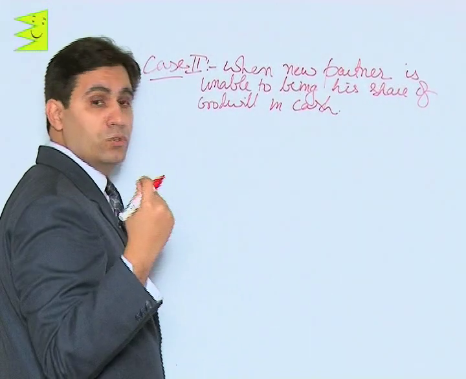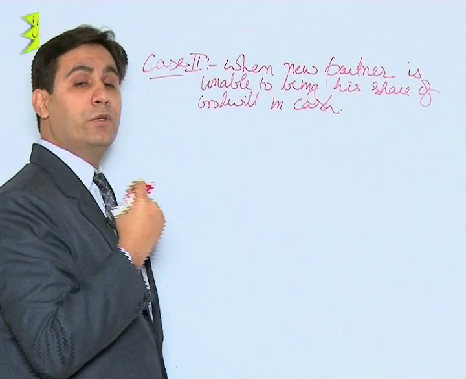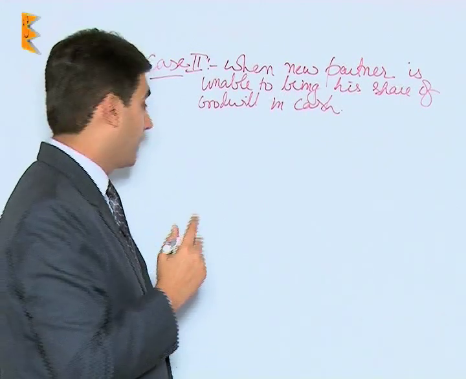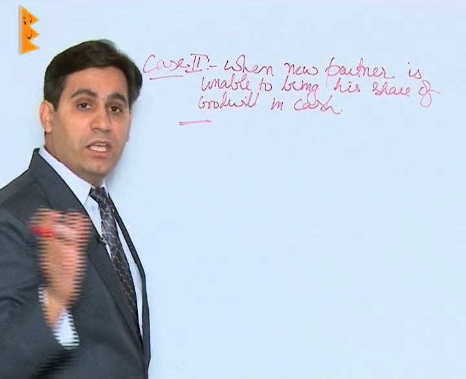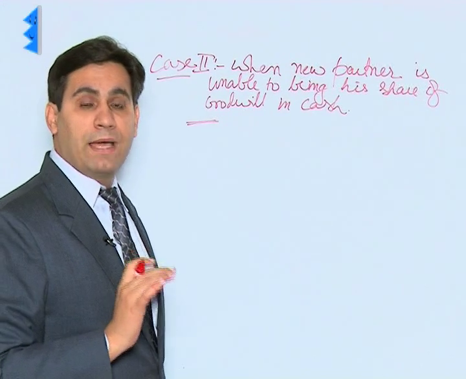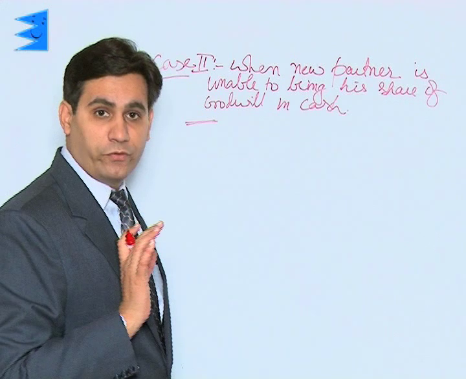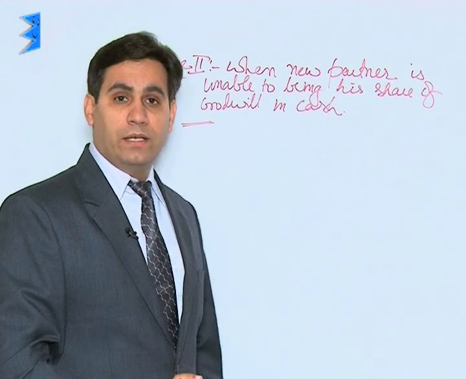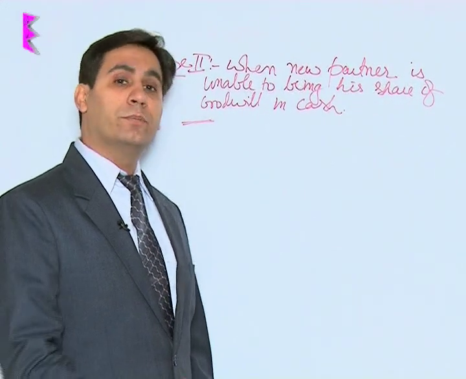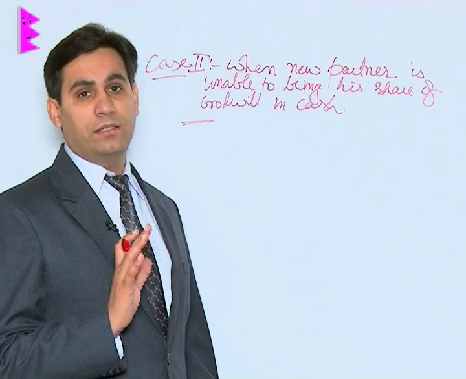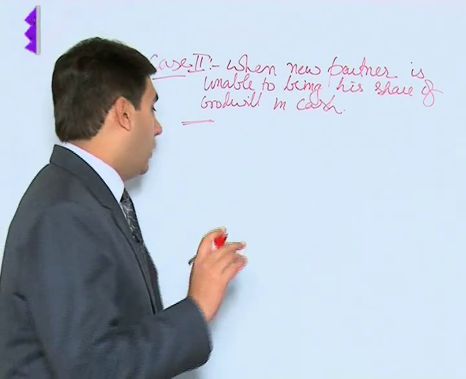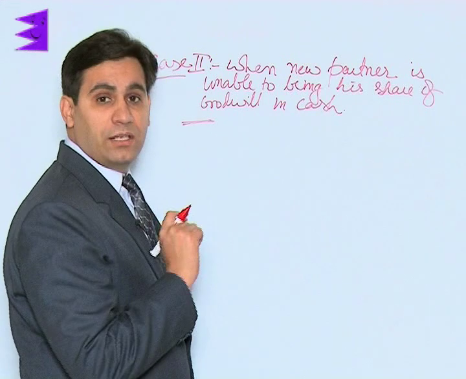Some authors use the name revaluation method for this case. Now students, in this case, again, remember, if goodwill is already appearing in the balance sheet, it has to be written off. Any existing goodwill in the balance sheet is to be written off, and that is clearly specified in Accounting Standard 10. Now, besides writing off, what are the journal entries?